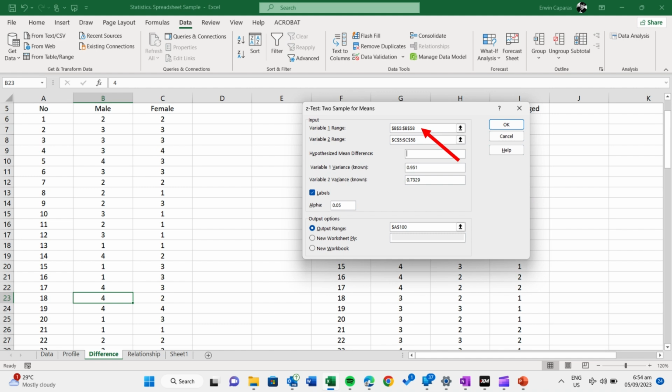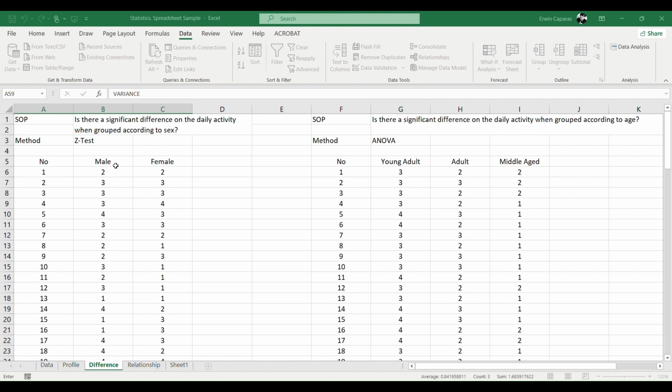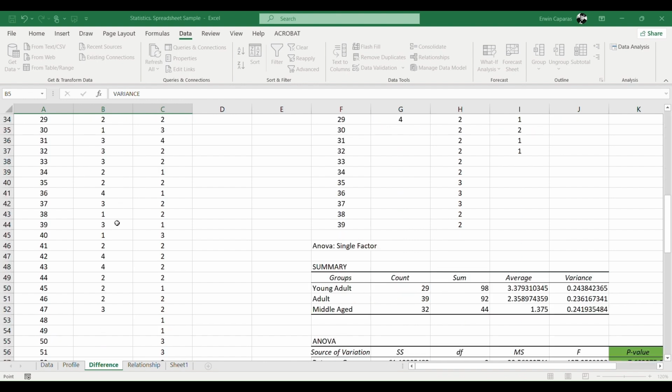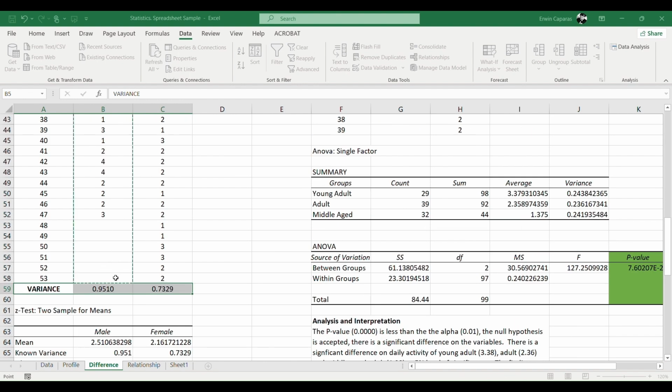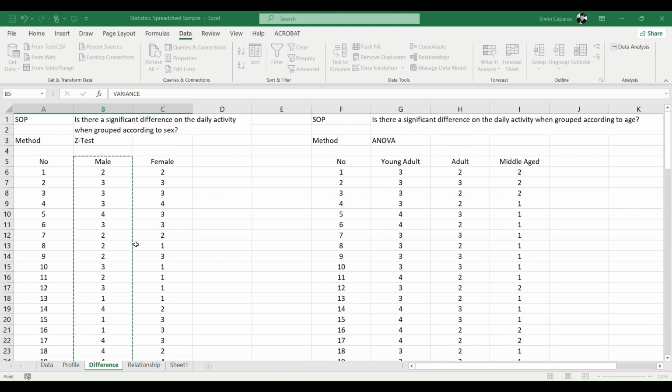The first input is the variable 1 range. So we click on the variable 1 range, and then we go to the responses of the male. We click the first male data, and then shift and down to highlight the whole set of data for male.